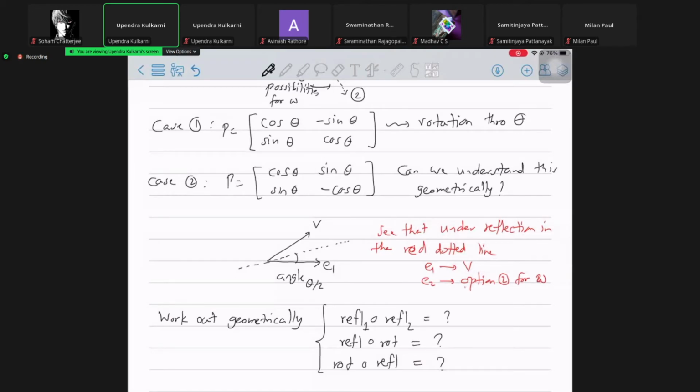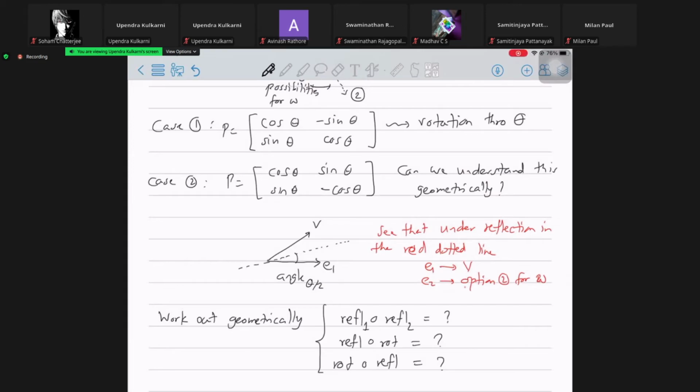Also, this is interesting. What happens if I take the composition of two reflections? Sir, it will be a rotation, right? Because the determinants are both -1, they will get multiplied, and you will get 1. So you should work these out. And to answer the question you asked before, no, sir.